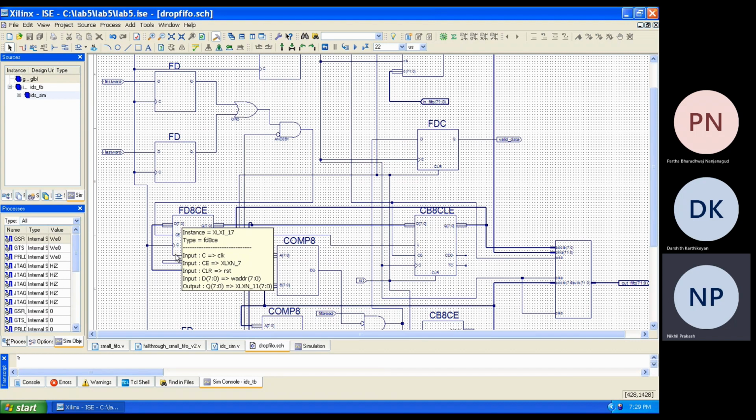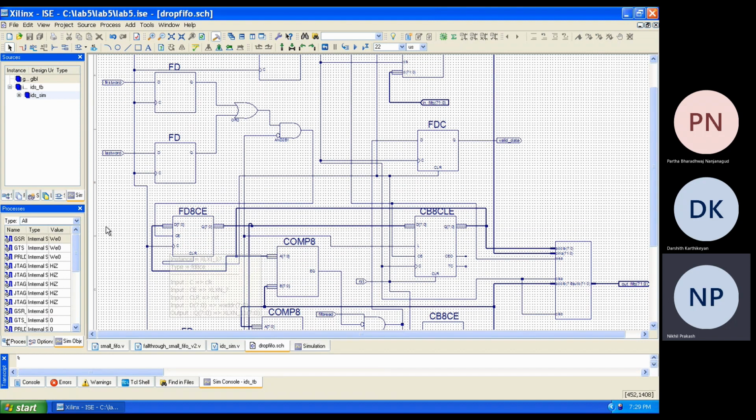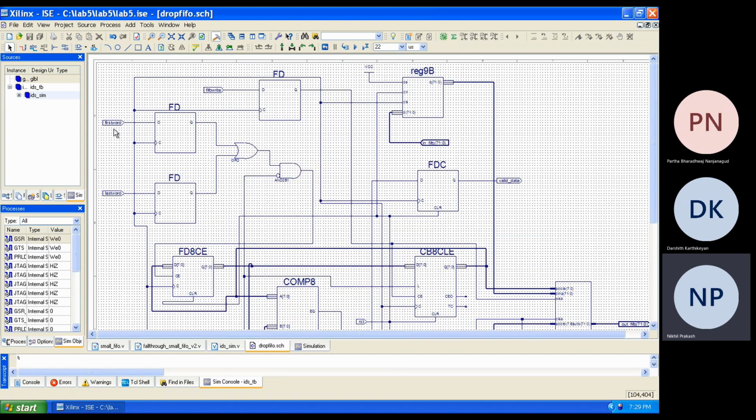But another thing to note is the starting address. There's a register here. What that 8-bit register is storing is the starting address of your first word. Whenever the first word is coming in and it's not dropped, this is being enabled, so we are storing the starting address of that.